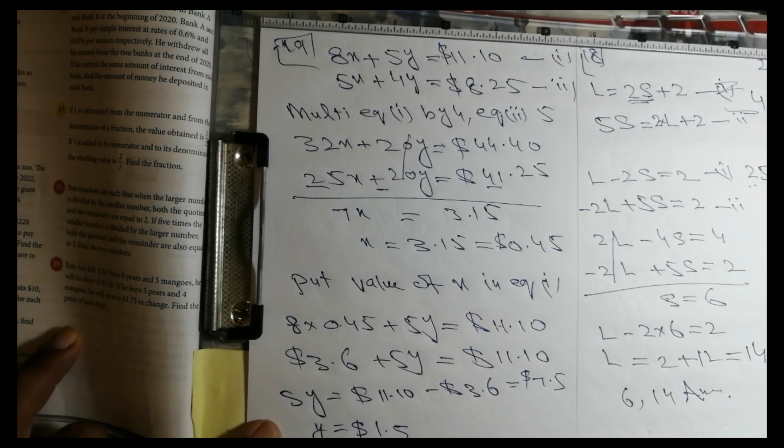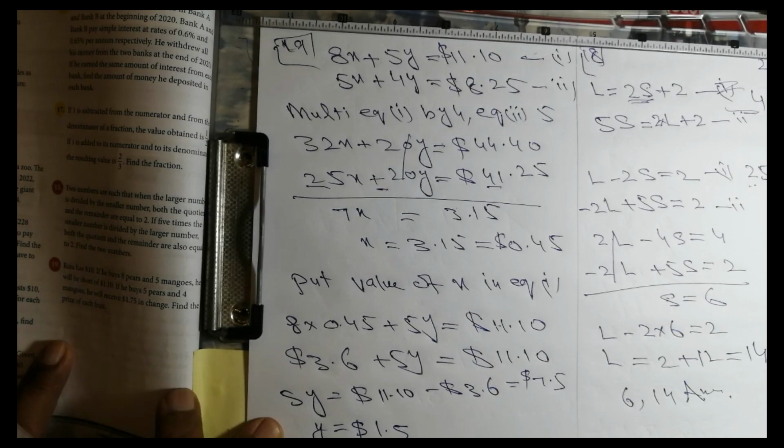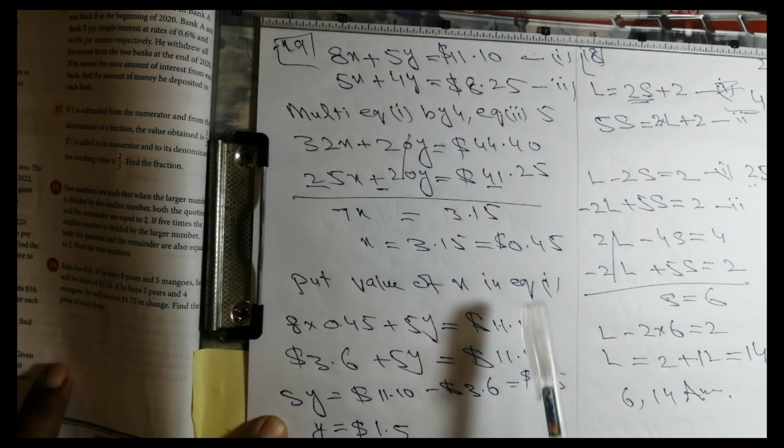So the answer for pear and the answer for mango: mango 1.5 and pear 0.45, we calculated here.